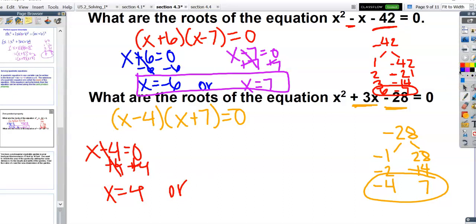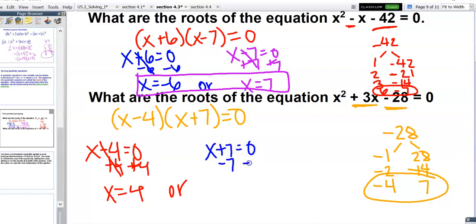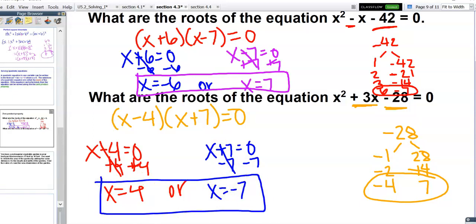Solve for the second term. And we have our two answers, x equals 4, x equals negative 7.